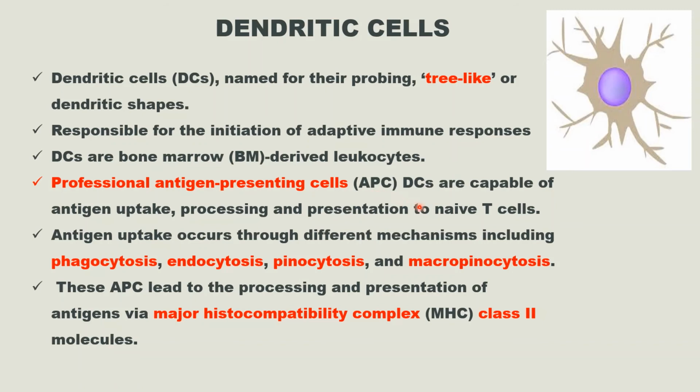Dendritic cells are capable of antigen uptake, processing, and presentation to naive T cells. So this professional antigen presenting cell will present antigen to naive T cells, helping in the activation of T cells.